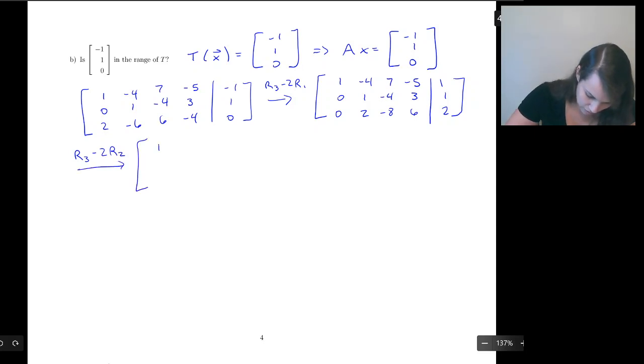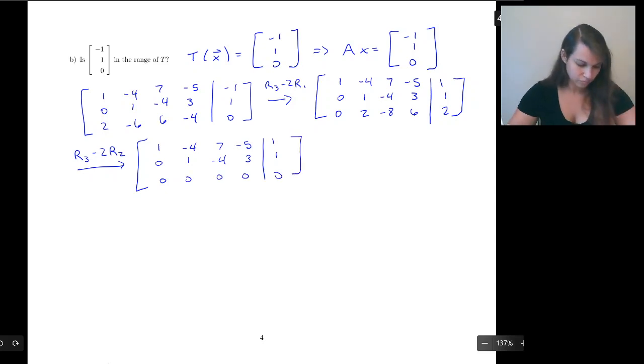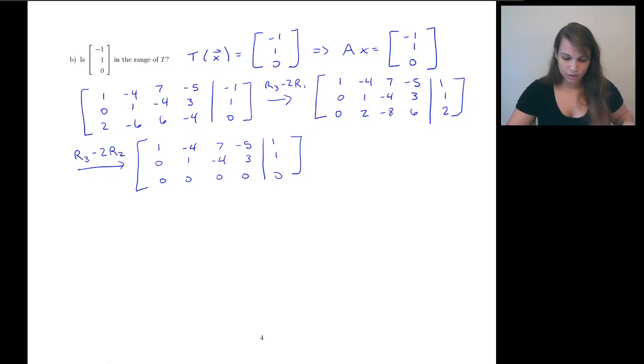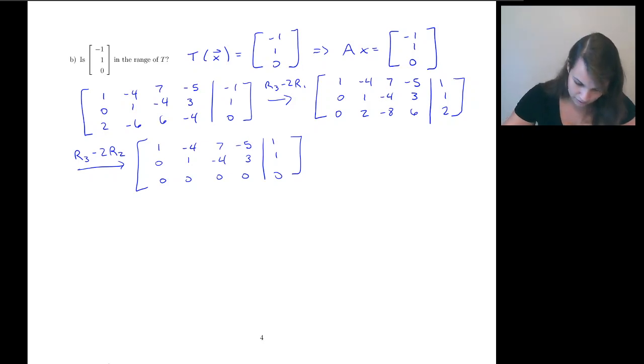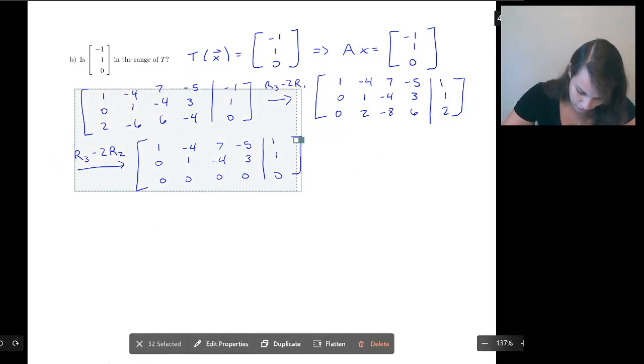So row 1 and row 2 stay the same, and then row 3 gets knocked out completely. Okay, so then we are left with pretty much the same matrix as before.